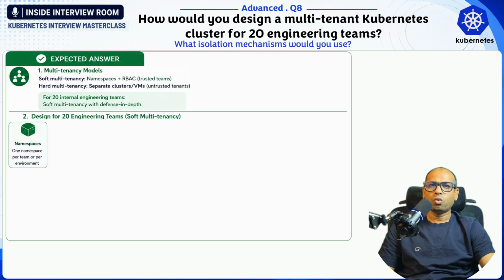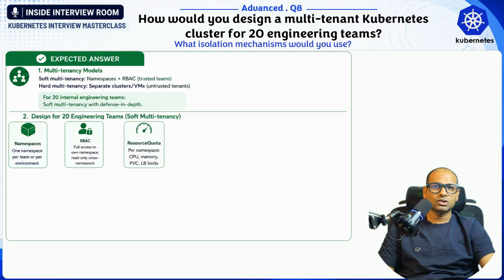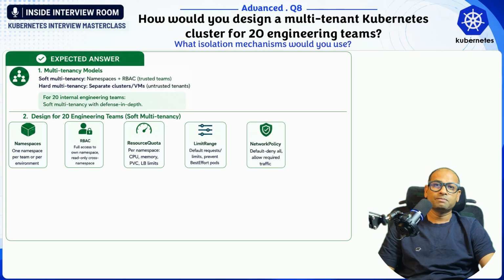Namespace: one per team or environment. RBAC: full access to your own namespace, read only access to others. Resource quota per namespace: cap on CPU, memory, PVCs, load balancers.